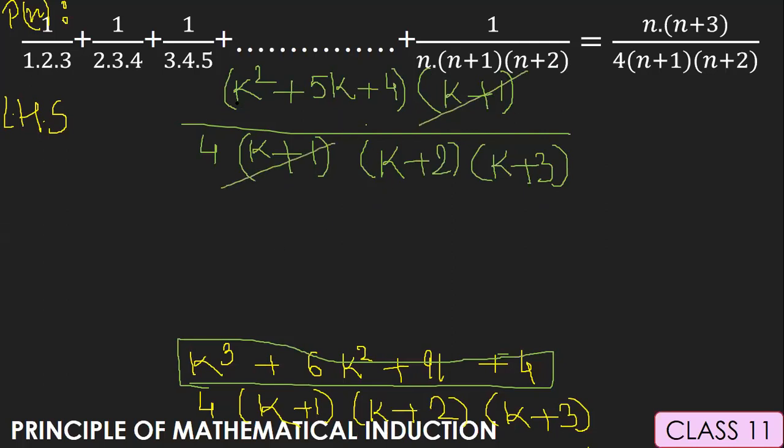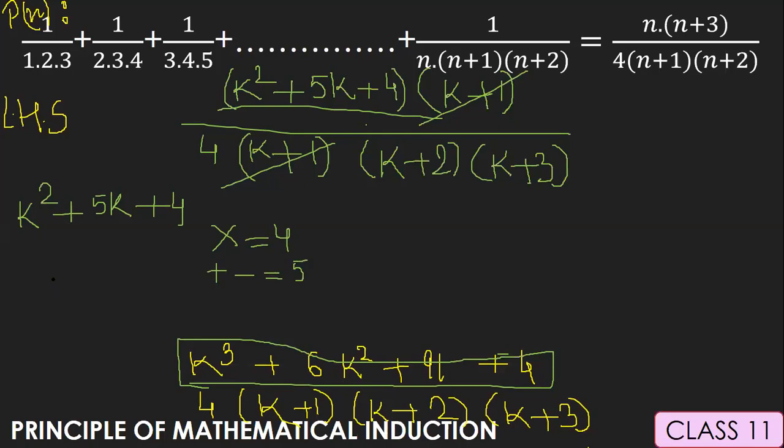Now what you can do in the numerator is, by middle term splitting, factorize it further. So on factorizing k square plus 5k plus 4, on multiplying you would get 4, 4 into 1, and on addition you must get 5.